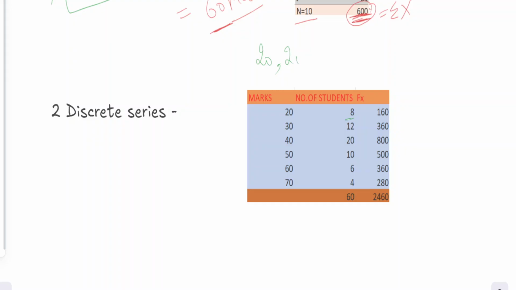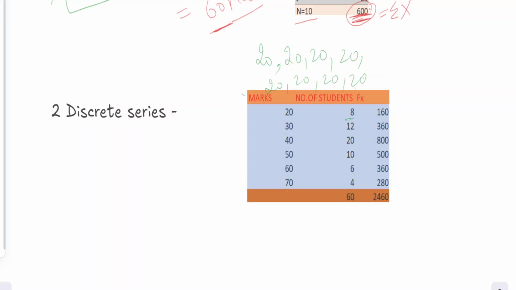If I write 20 eight times, is this a good way to write, or to write it in the form of a table where we are showing that 20 marks got 8 times, 30 marks is got by 12 students, 40 marks is got by 20 students, 50 marks is got by 10 students, 60 marks is taken by 6 students, and 70 marks is taken by 4 students. Now this discrete series is also talking about marks.